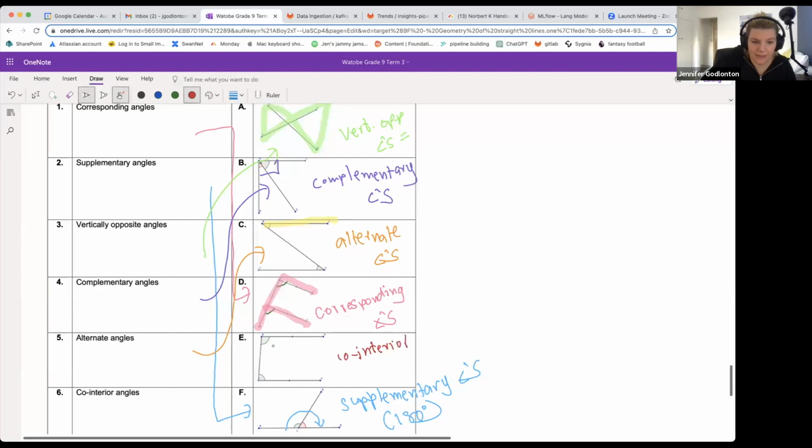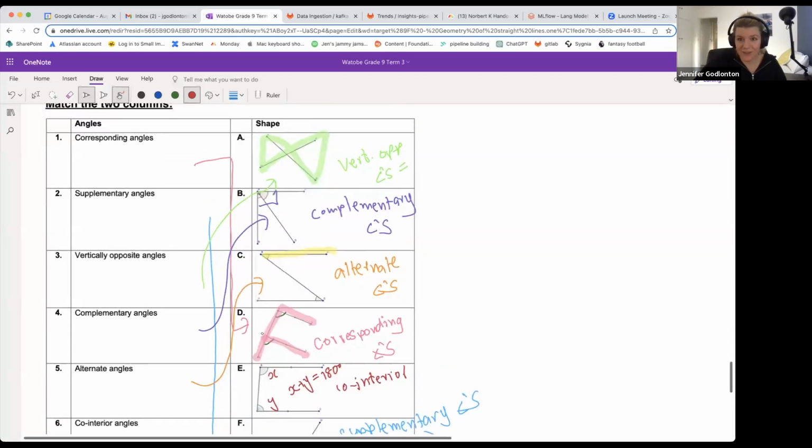Co-interior, and that means this one, let's call it X and Y. X plus Y equals 180. Glorious. And that's all we had to get through today, guys. You have been superstars.